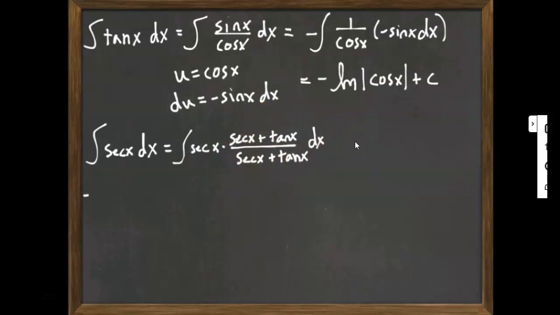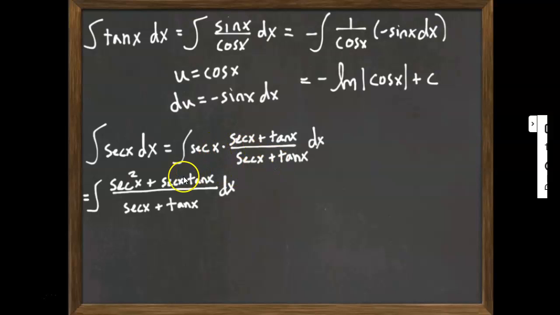Now in the top, if I multiply through, that will give me secant squared x plus secant x tangent x, all over secant x plus tangent x. And then we say, well, let's let u be the bottom: secant plus tangent.